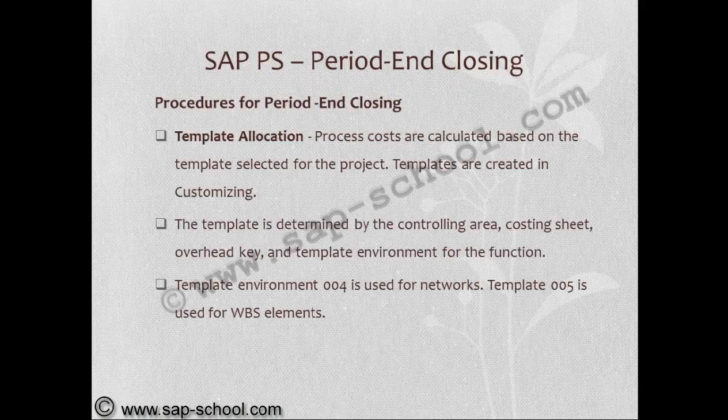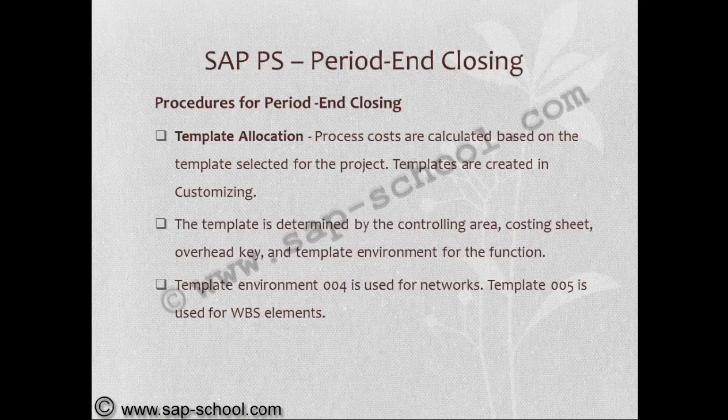Template allocation. Process costs are calculated based on the template selected for the project. Templates are created in customizing. The template is determined by the controlling area, costing sheet, overhead key and template environment for the function.